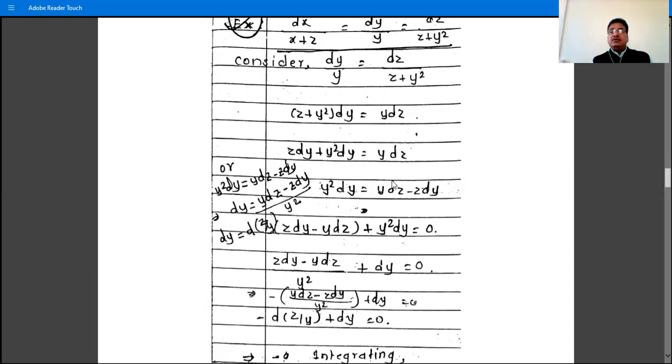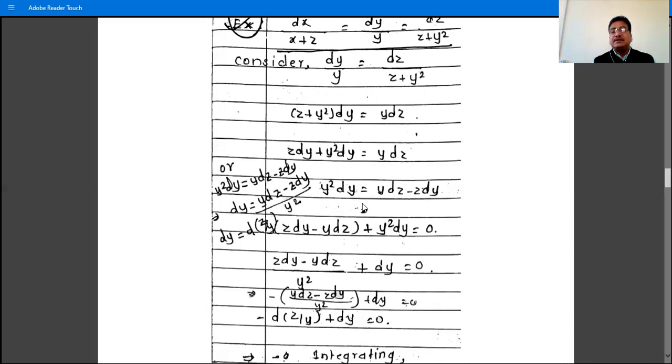So in order to find the integration of y dz minus z dy: if there is a factor y dz plus z dy, then it is the derivative of y into z. But there is a minus sign, y dz minus z dy. So if there is a minus sign, then adjust by dividing by y square or dividing by z square.